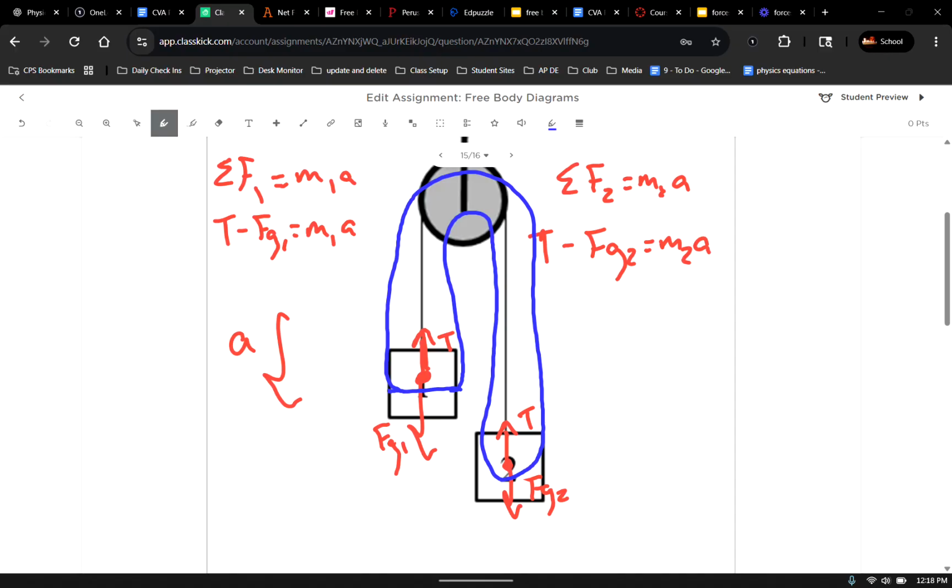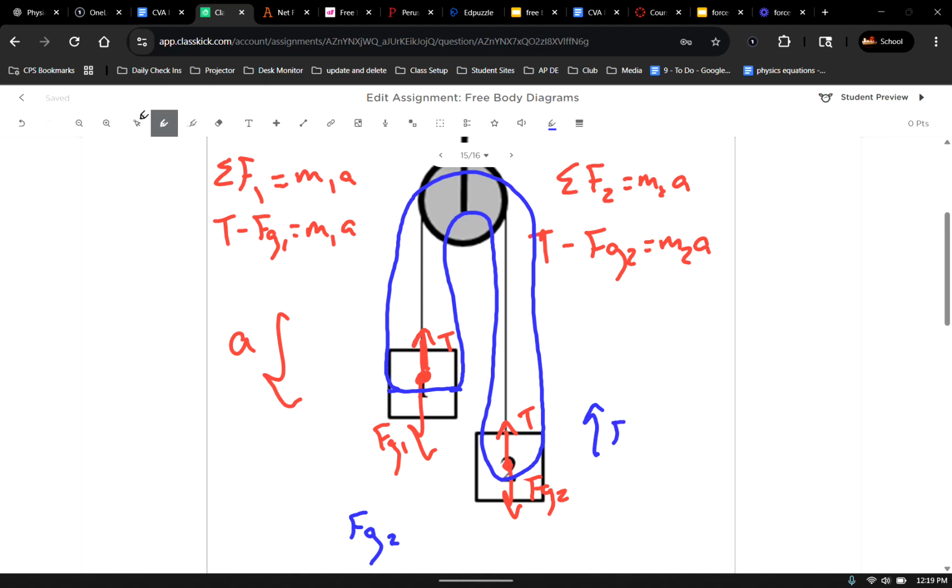So this one, because FG1 is bigger, well, let's do it this way. Because FG1 is going down, that would be my negative. FG2 is going up. So I'm going to start with FG2 because it's positive, because it's going up, right?